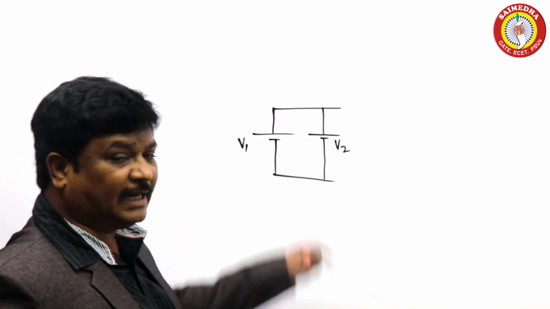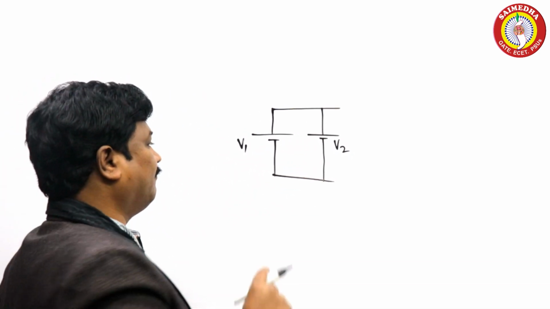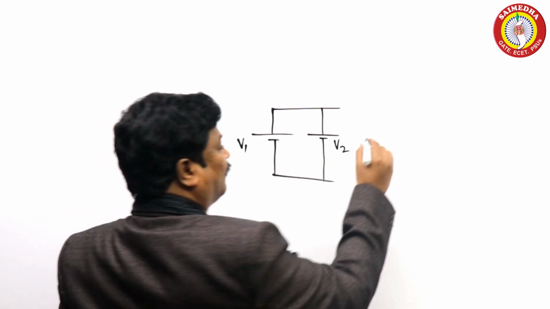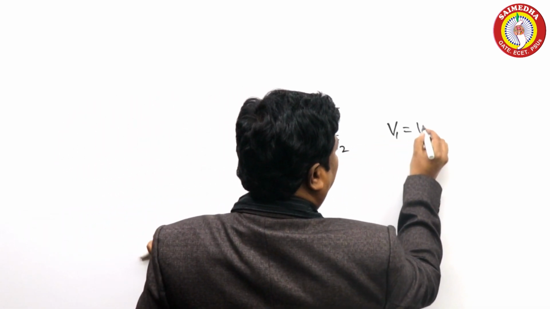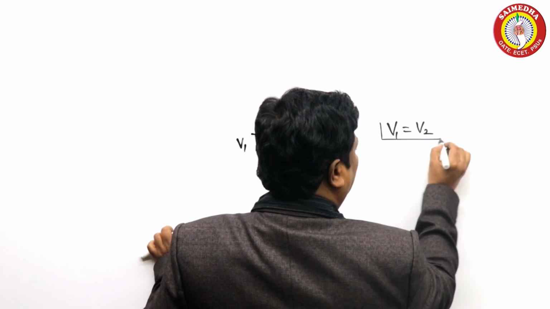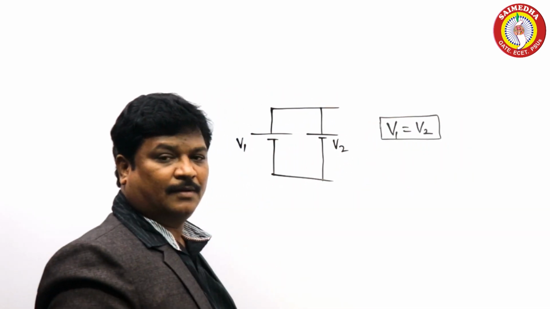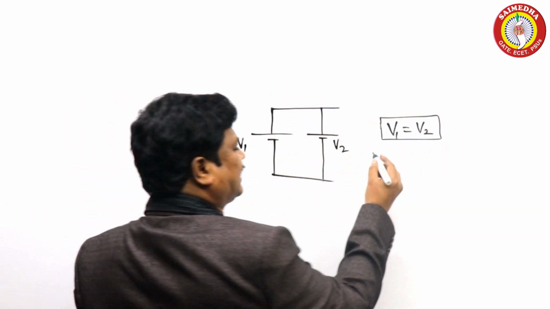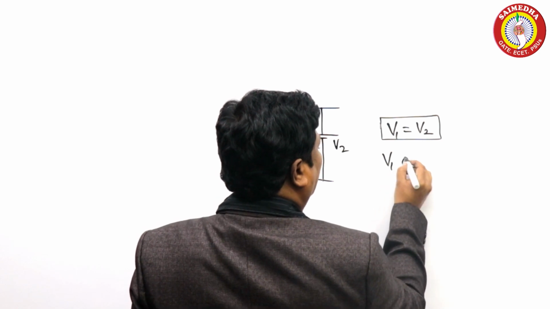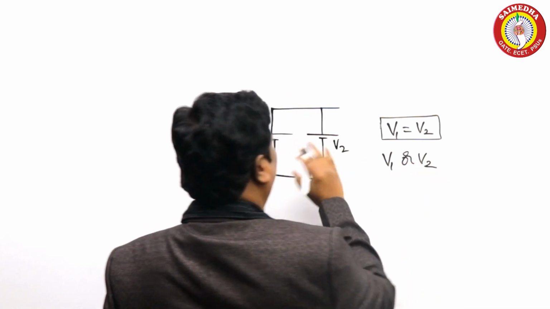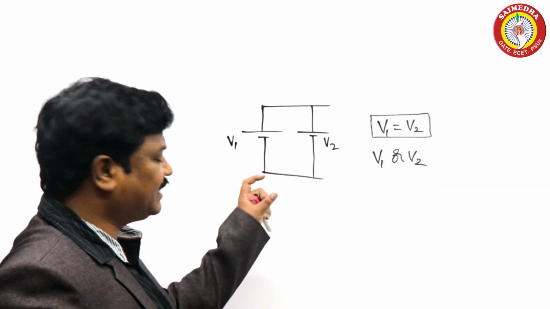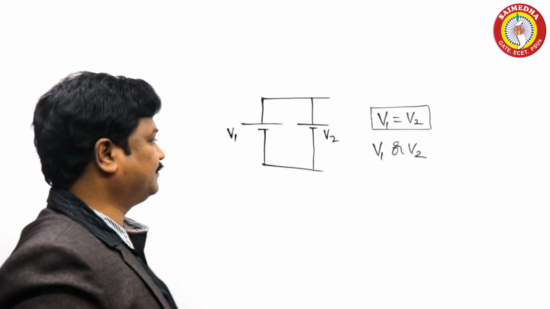So these two are connected in parallel. This is valid when V1 is equal to V2. Under that condition, we can take either V1 or V2. There is no effect of the other source. This is for ideal voltage source.